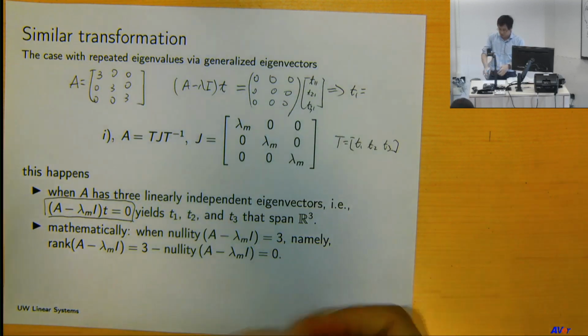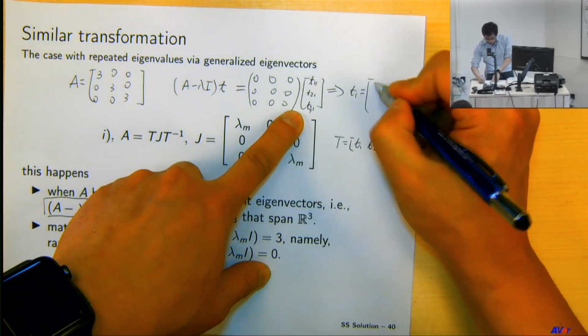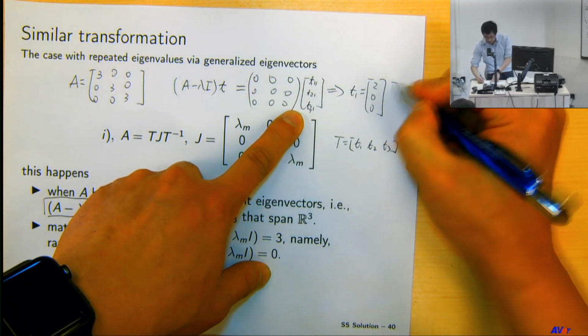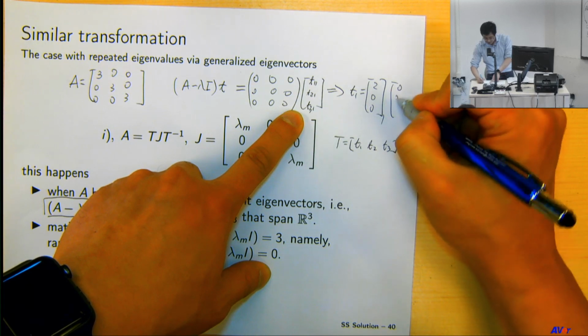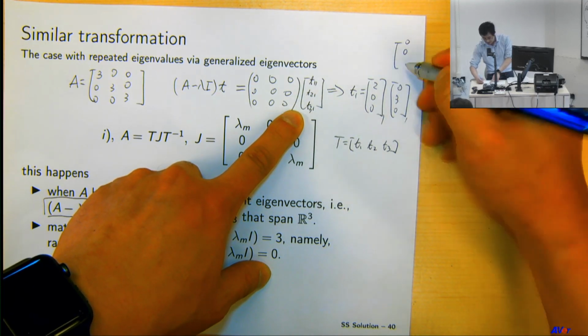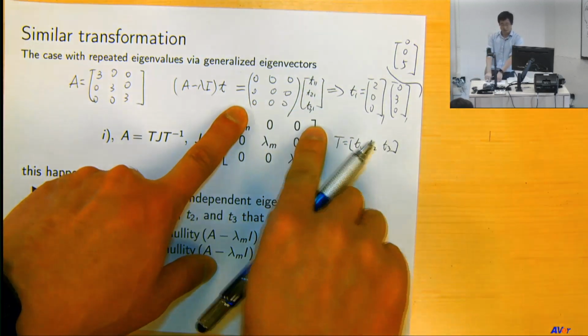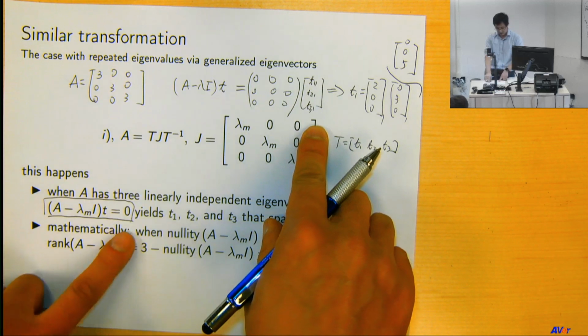I can choose, let's say, T can be 2, 0, 0. It can also be 0, 3, 0, right? It can even be 0, 0, any number, let's say 5. These will all give me 0 on the right-hand side.